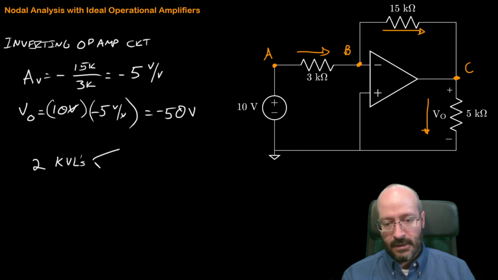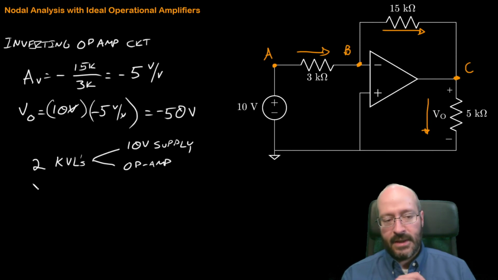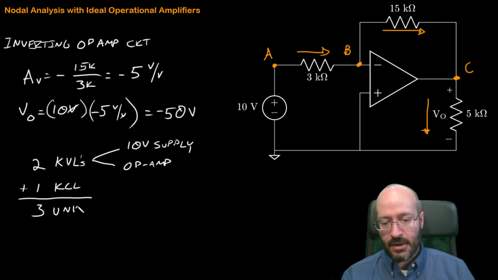Okay, and let's just say one for the 10 volt supply, and one for the op amp. All right, now I make up the difference. I still have 3 unknowns, so I do need 3 equations, and it's 1 KCL to make up the difference. Doing that covers my 3 unknowns with 3 equations. All right.